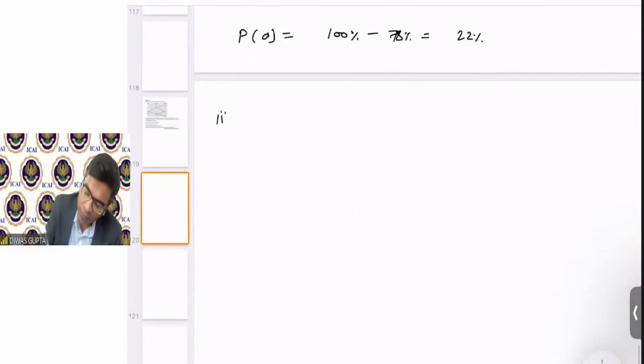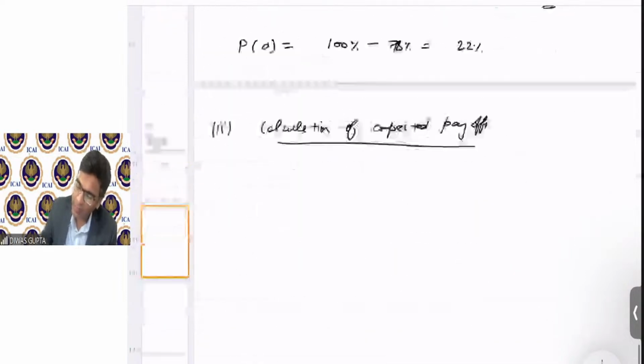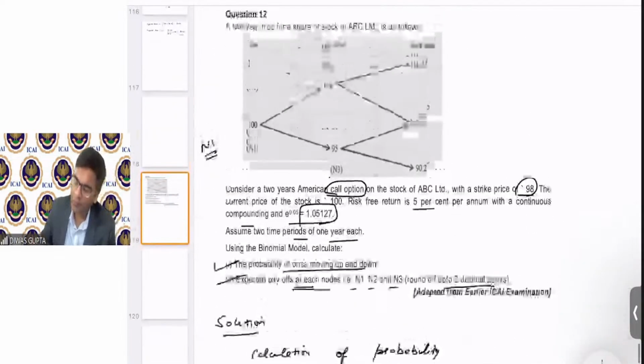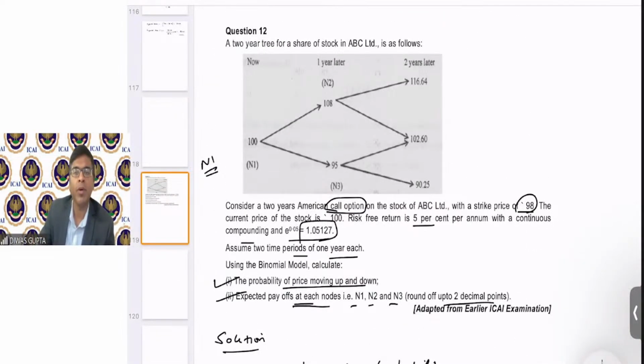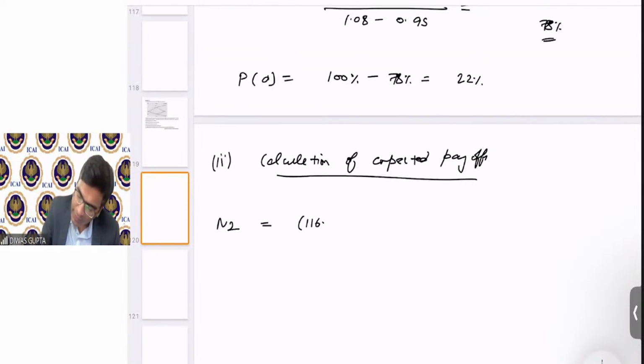So calculation of expected payoffs. So first of all, at node N2. So for node N2, there are two possibilities, right? Either 116.64. After node 2 goes into the second year, it is 116.64 or 102.60. So 116.64 minus what is the strike price?